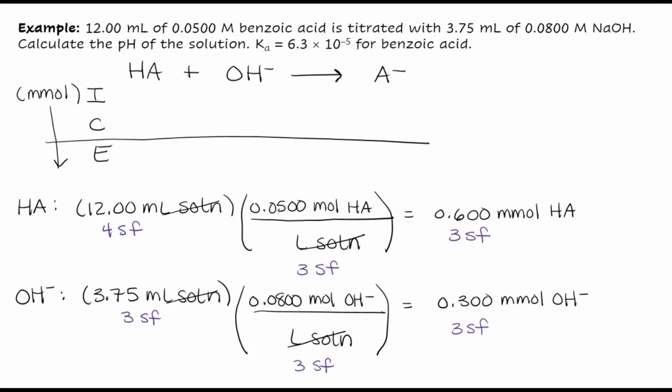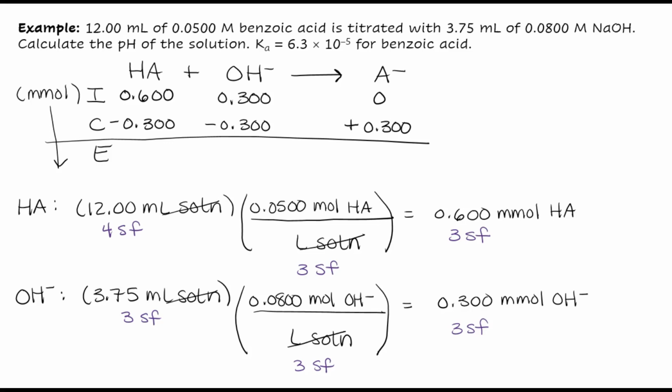We can fill in our millimole table now. For HA, 0.600, OH-, 0.300, and A- starts with 0. We subtract the smaller number from each reactant, so minus 0.300 for HA, minus 0.300 for hydroxide, and add 0.300 for A-.